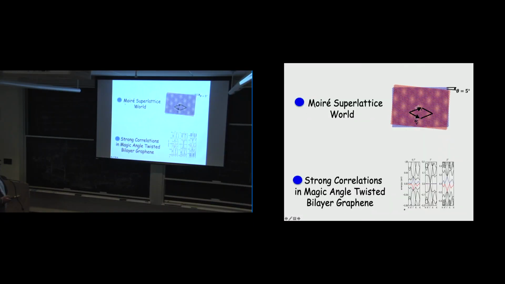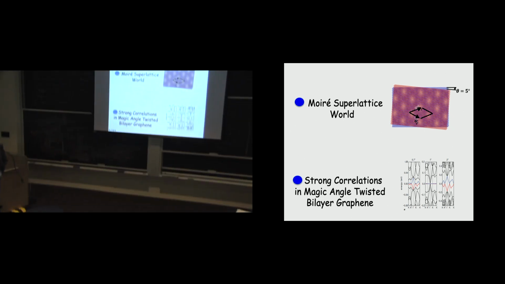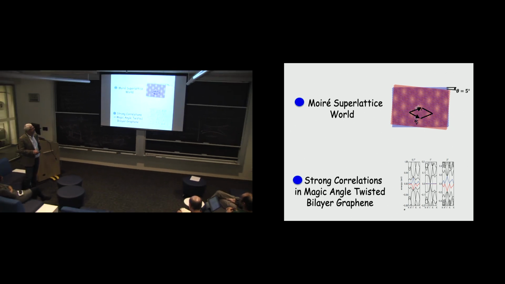Okay, so my talk has two parts, and please interrupt me at any stage. I promise that I'll stop on time, whether I've finished or not. The first part of my talk is I'm going to say a few words about the types of systems, all based on two-dimensional materials, two-dimensional crystals, in which you can explore using the formation of Moiré superlattices to tune electronic properties.